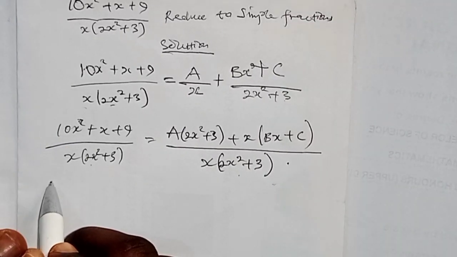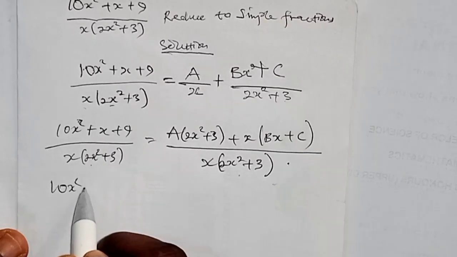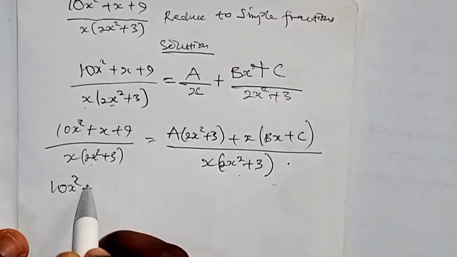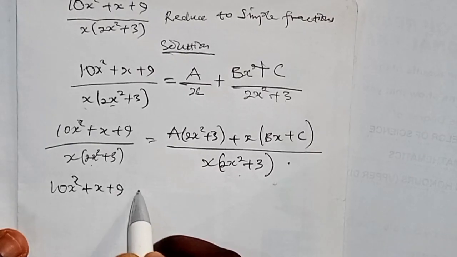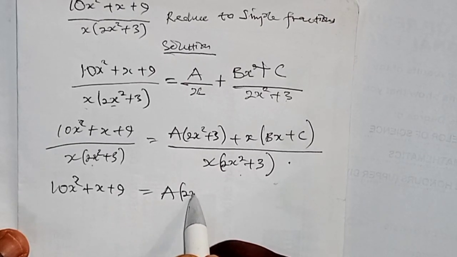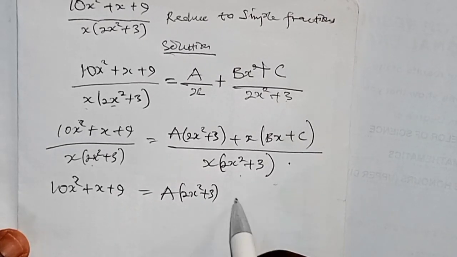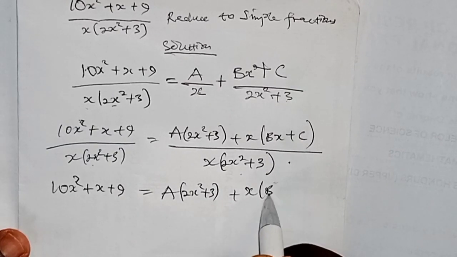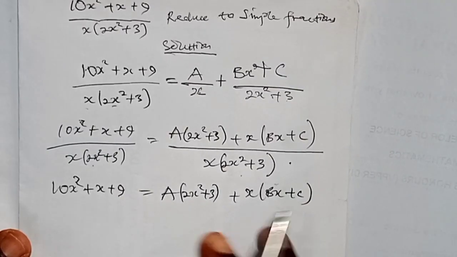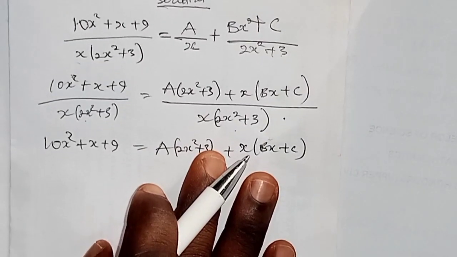Now since the denominators are the same, I can just equate the numerators and begin to simplify from there. So I will have 10x squared plus x plus 9 is equal to a into 2x squared plus 3, plus x into bx plus c. Okay, so this is what I have now.